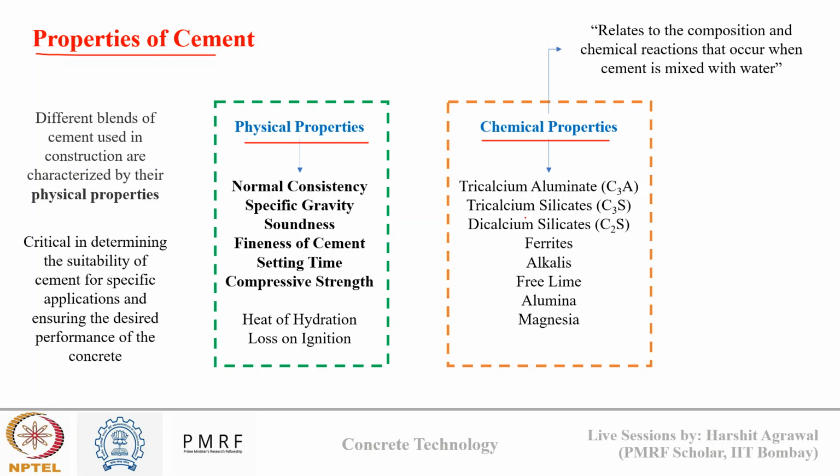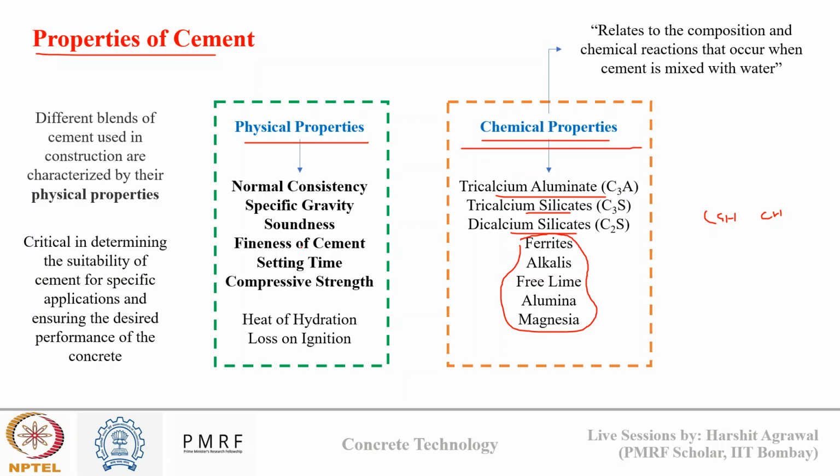This includes different compounds that are formed on hydration, like CSH and CH, the different clinker phases present in the cement, and the presence of minor entities like magnesia, free lime, and alumina. All these things define the chemical properties of my cement.